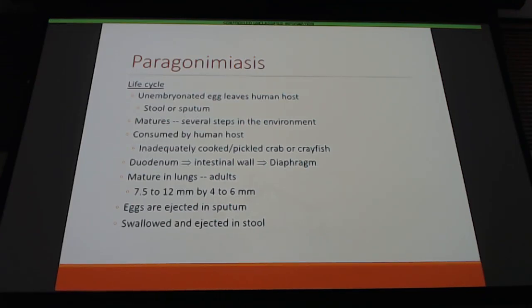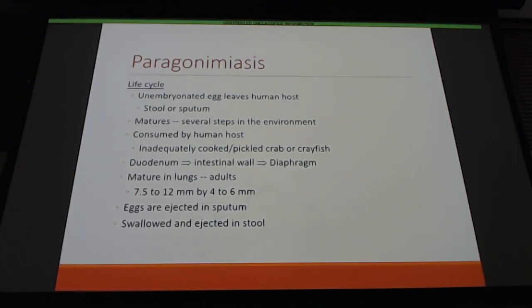Once we ingest it, this one's a little bit different. Once we ingest it, it goes down to the duodenum. Right? It breaks through the intestinal wall, and it migrates through the diaphragm up into the lungs. And once it gets into the lungs, then it starts causing us problems. Okay?